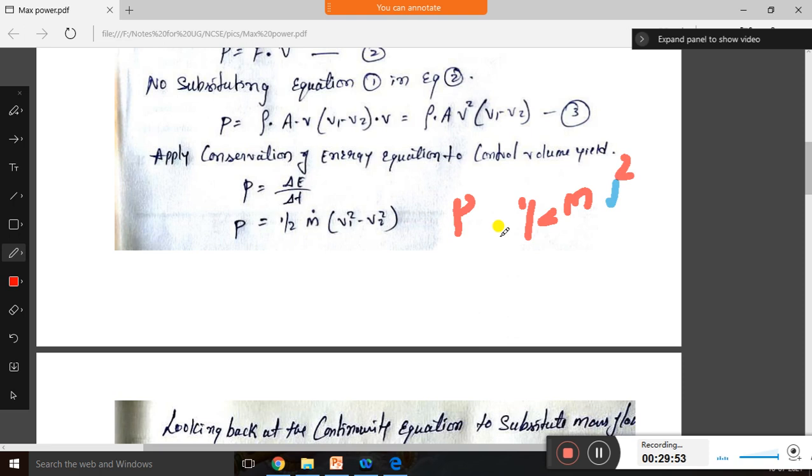From the earlier equation we know the average velocity is 1/2 (V1 plus V2). Is it correct? If you replace that, it becomes 1/2 m dot (V1 squared minus V2 squared).